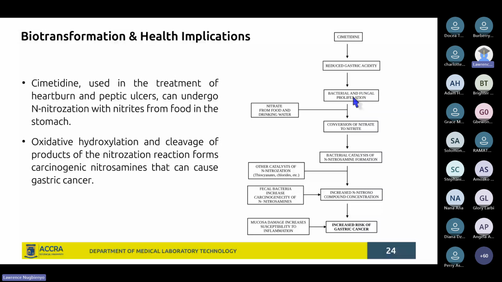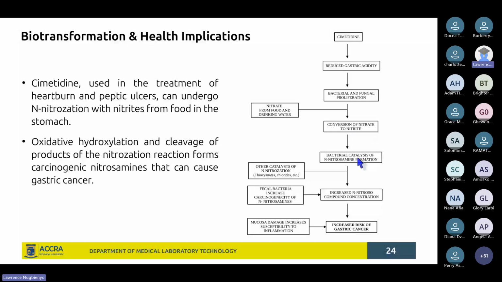And in the presence of nitrates coming from food and water, edible things you've taken in, you will have the conversion of those nitrates by these bacteria and fungi into nitrites. And these nitrites can undergo further bacterial catalysis, converting these nitrites into nitrosamines.